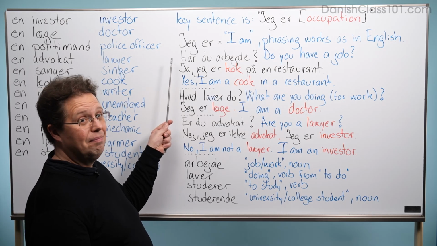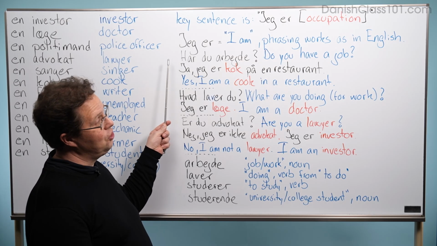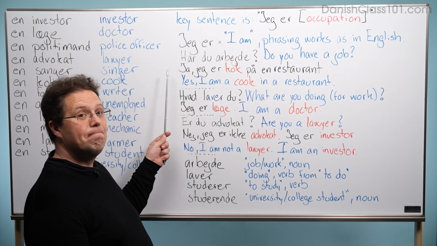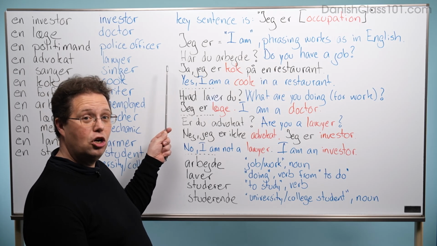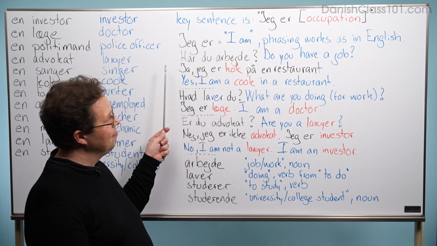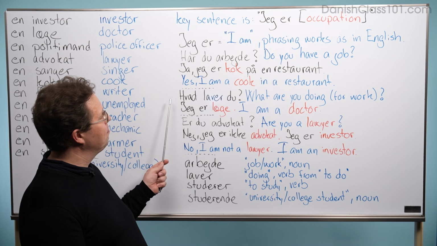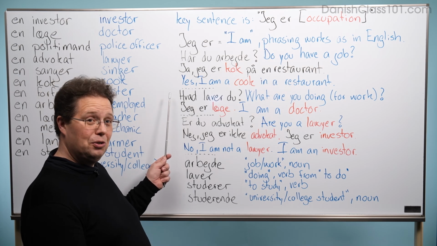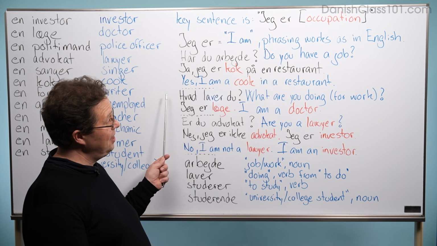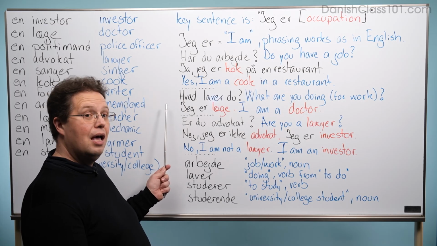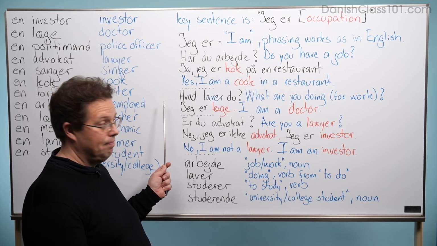Har du arbejde? Do you have a job? Ja, jeg er kok på en restaurant. Yes, I'm a cook in a restaurant. Hvad laver du? What are you doing? Jeg er læge.